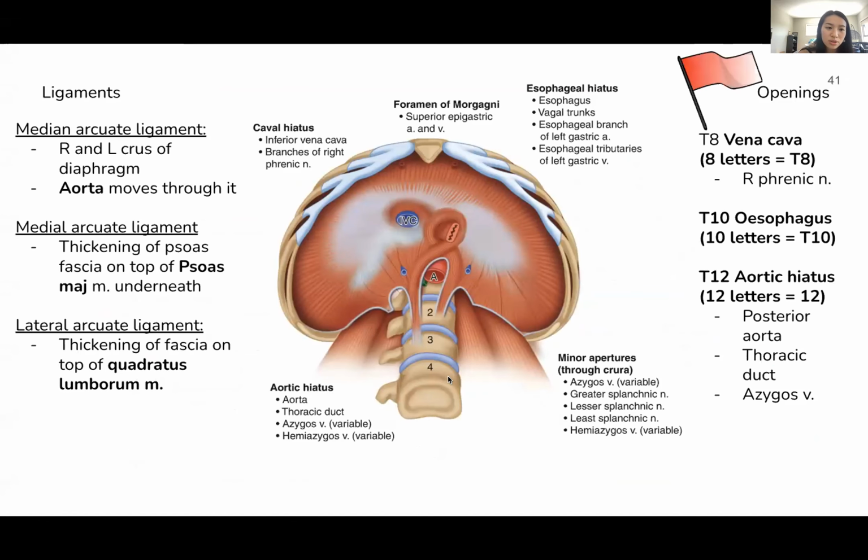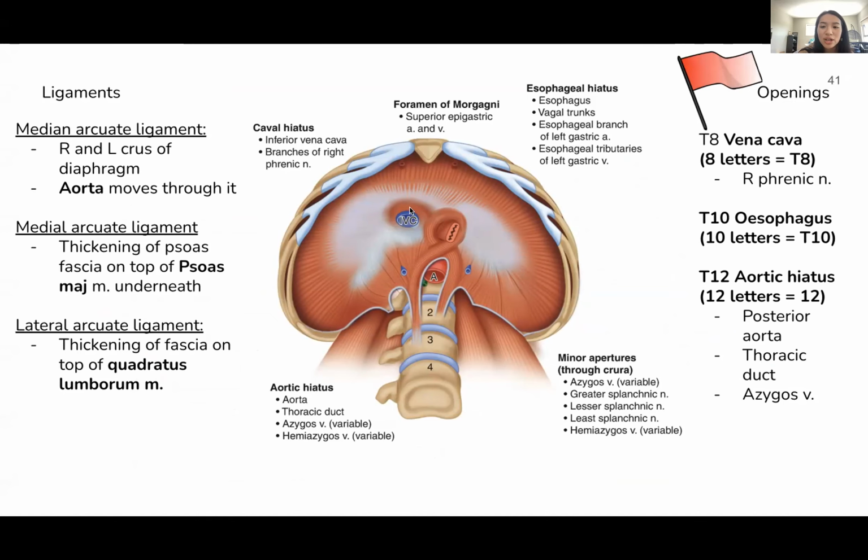Okay, diaphragm. This is important. They want you to know what goes through each of these holes in the diaphragm. So this one, IVC. Oh no, this one's the vena cava. This one's the esophagus.